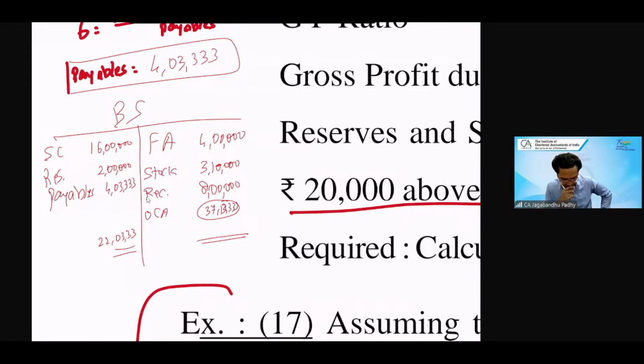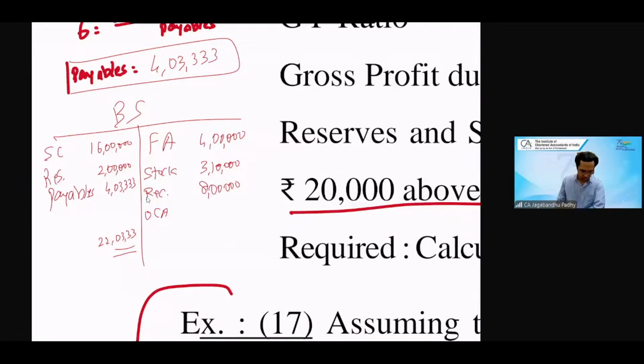Sir, 6,93,333. 6 lakh 90,000. I don't know, maybe my calculator is off. 4 lakh plus 3 lakh 10,000 plus 8 lakh.